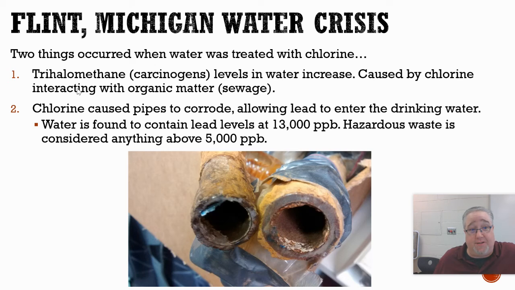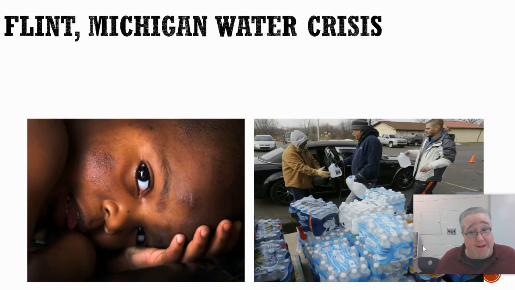So, for example, it says here water is found to contain lead levels of 13,000 parts per billion. Anything above 5,000 is labeled as hazardous waste. So the city of Flint was actually drinking water that was basically three times the normal concentration of what hazardous waste would be. So that was a major issue.